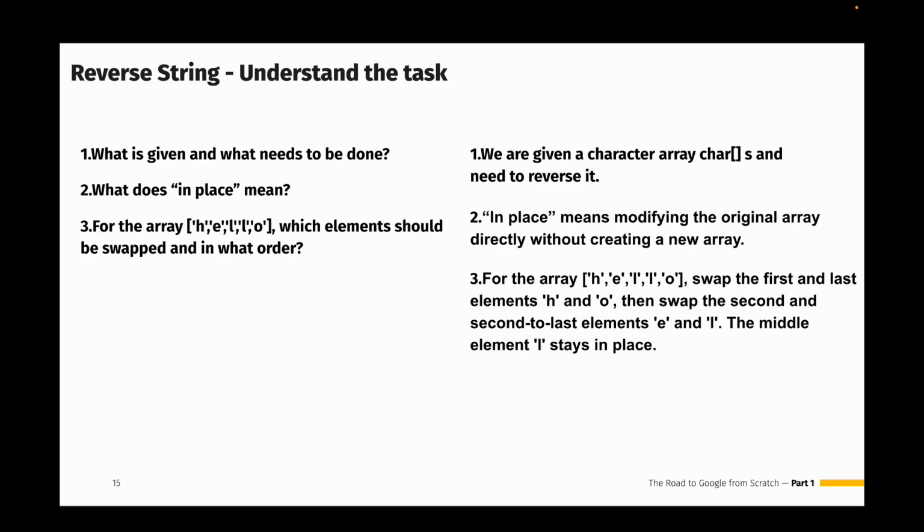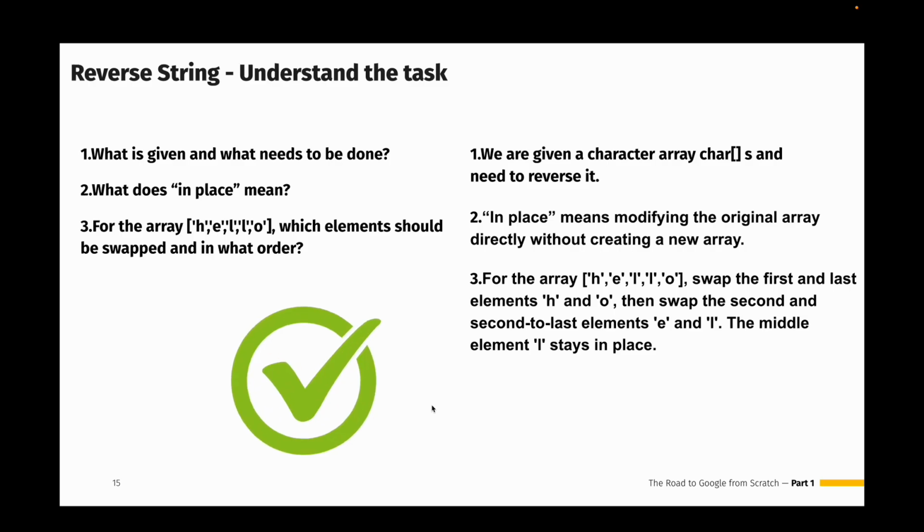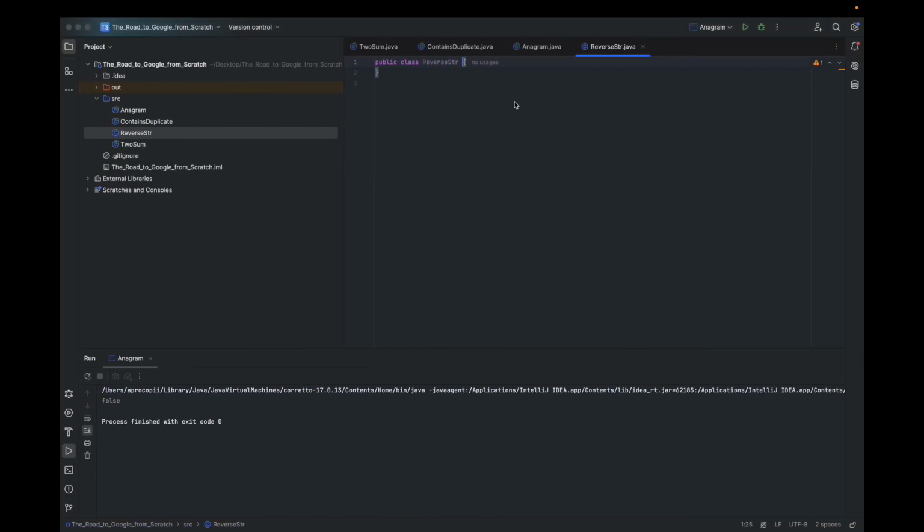And for the array hello, which elements should be swapped and in what order? For array hello, we need to swap the first and last element, h and o, then swap the second and second to last element, e and l. And the middle will remain in place. So now let's create our method.